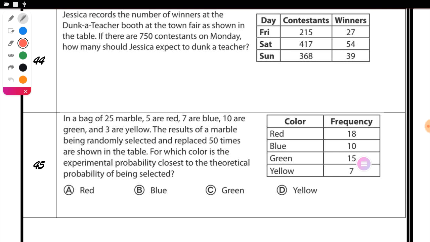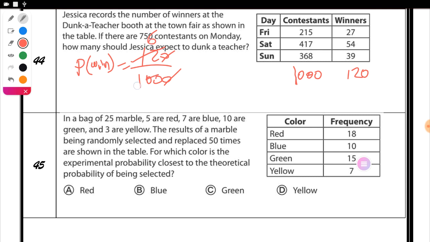If we add them together, all contestants are 1,000, and the winners are 120. So the probability of a winner equals 120 divided by 1,000, which simplifies to 3 over 25.